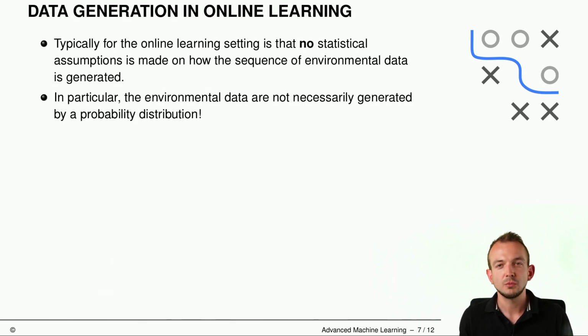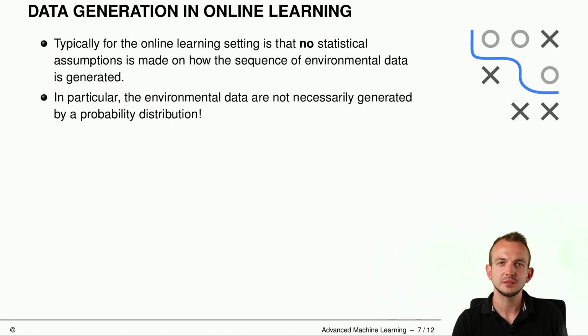And what else is usually quite different in online learning? Well, in the batch learning scenario, we typically have the assumption that the batch of data is an IID sample from some unknown probability distribution P. But this statistical assumption is usually not made in online learning.